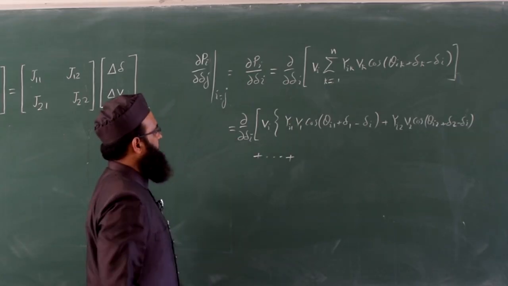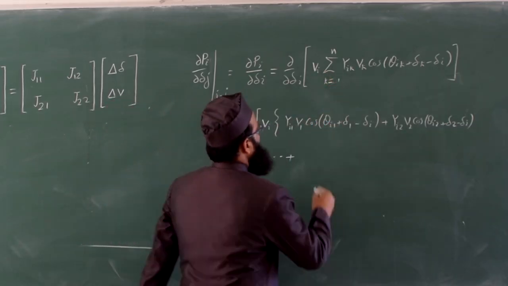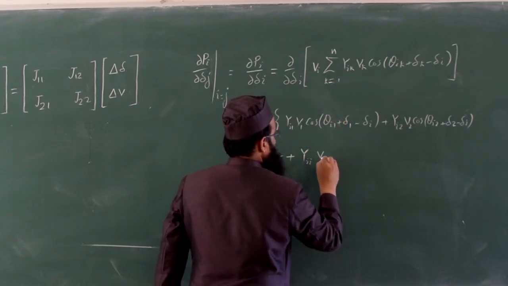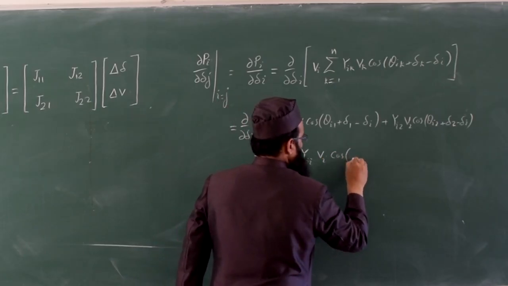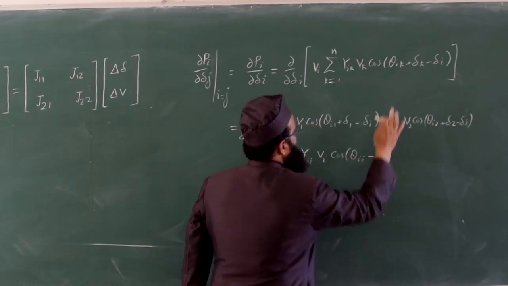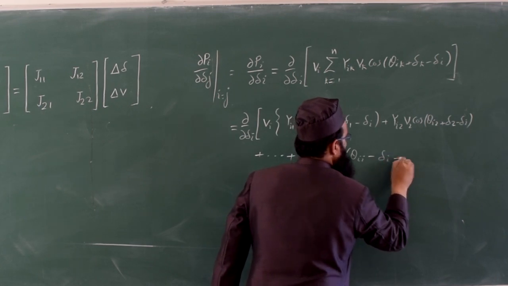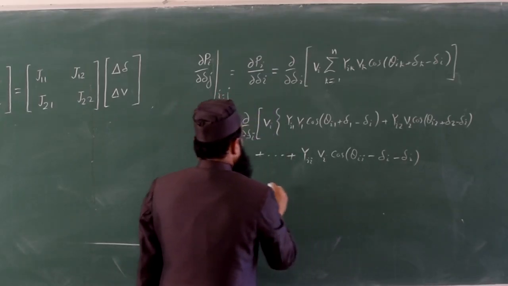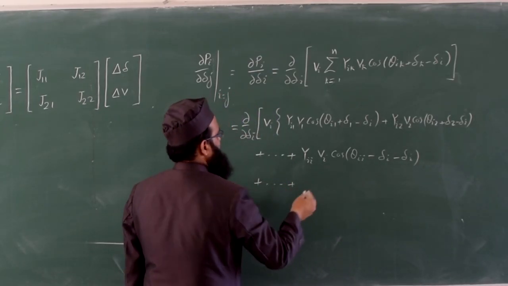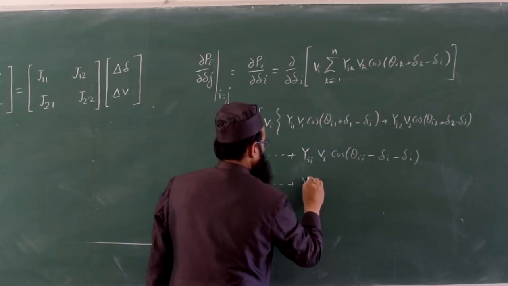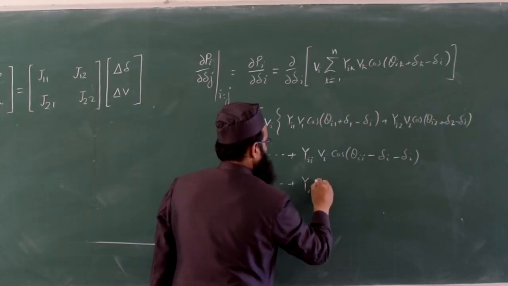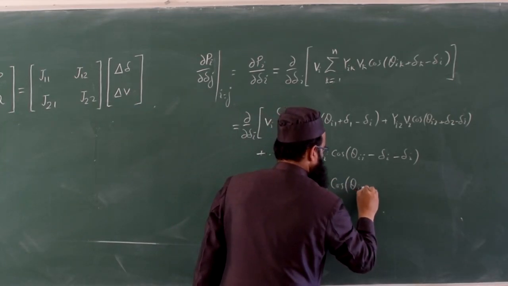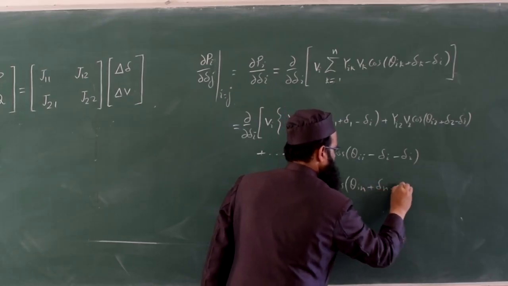Write the ith term here. So the ith term will be k equal to i: Yii Vi cosine of (θii plus δi minus δi), ith term, plus so on plus the nth term, k equal to n. So this will be Yin Vn cosine of (θin plus δn minus δi).